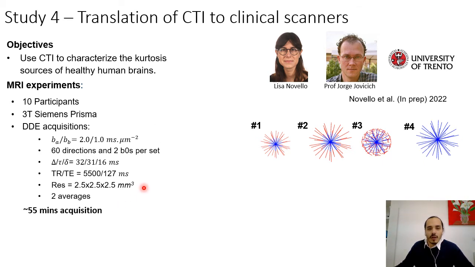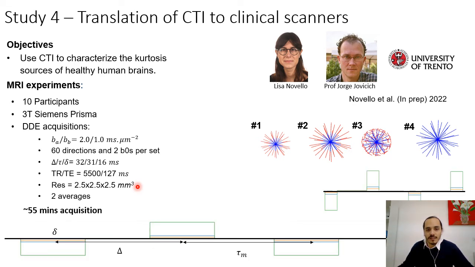The minimal protocol was acquired for a larger number of directions than we used in the preclinical study and a larger number of averages. This is to ensure good quality of the first CTI maps on humans. We also had to adjust the diffusion timings of our sequence to the clinical scanner.